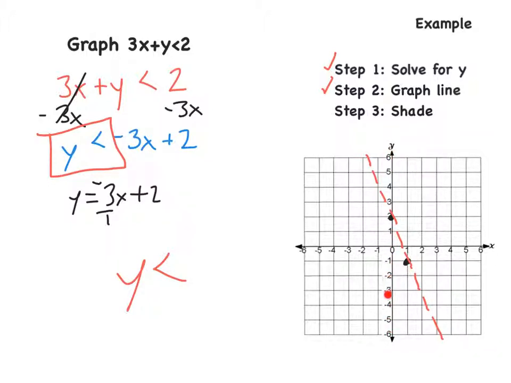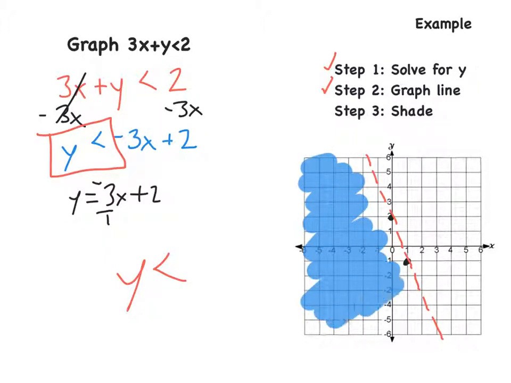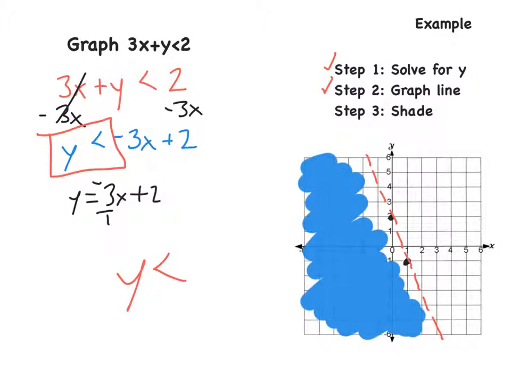I want all the negative numbers. So with this, I would shade all of the negative numbers. So from here, everything is shaded. So this is our final answer. This is y is less than negative 3x plus 2. Everything to the left of this line, or below this line, is being shaded.